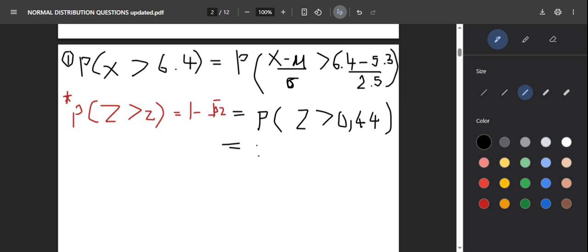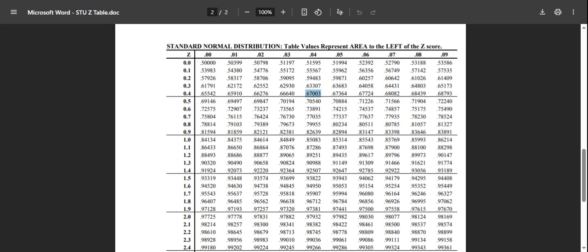So now this is going to be 1 minus phi of 0.44. Let us go on to the normal distribution table and check what would be phi of 0.44. Now, phi of 0.44 is 0.67003.